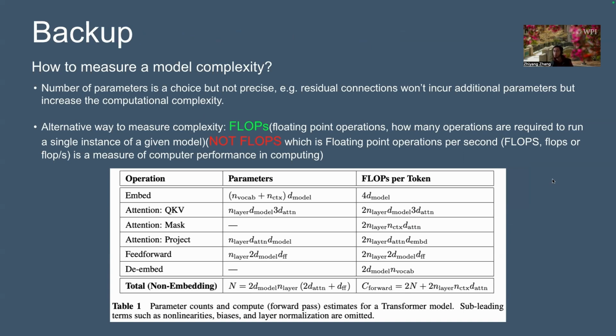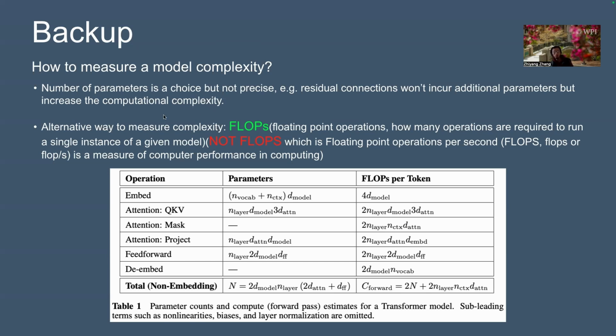Before that, I will back up some knowledge about model complexity. How to measure model complexity? Number of parameters is a choice, but not precise. For example, residual connections won't incur additional parameters but increase the computational complexity.